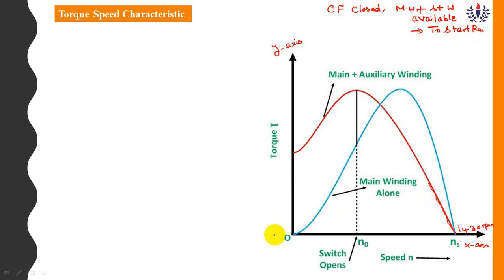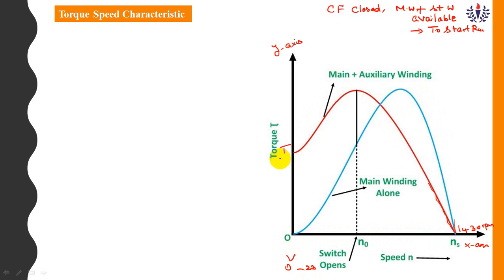When you vary the voltage from 0 to 230, the speed value keeps on increasing, and then it achieves the target. The torque value is somewhat smaller.